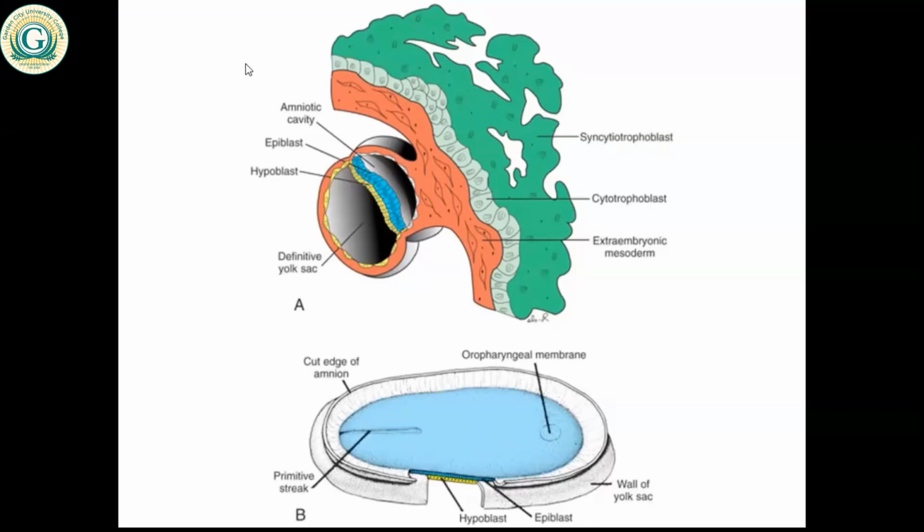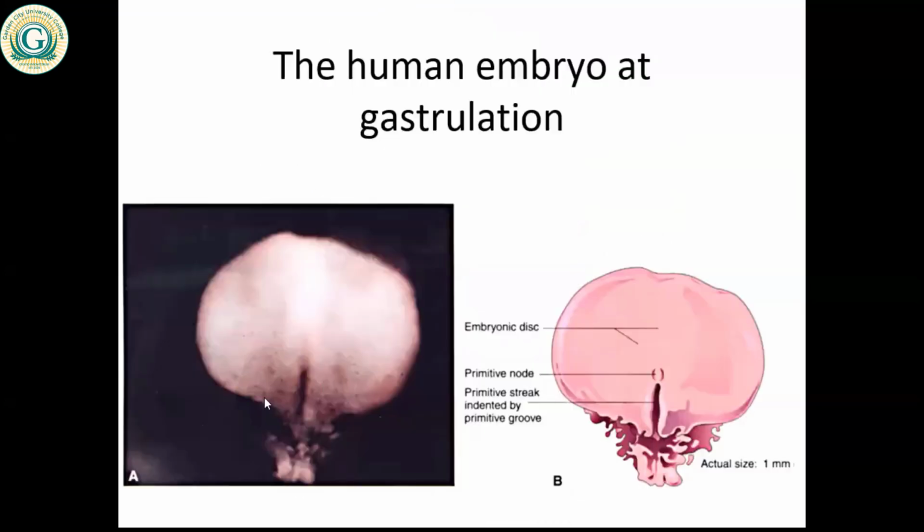Now this primitive streak will also help us create a gutter that will allow the cells of the epiblast to invaginate. The word is invagination. Let's get a picture to show that. This is the streak, okay? And this is a picture of the streak being created, and then we have the node on top.